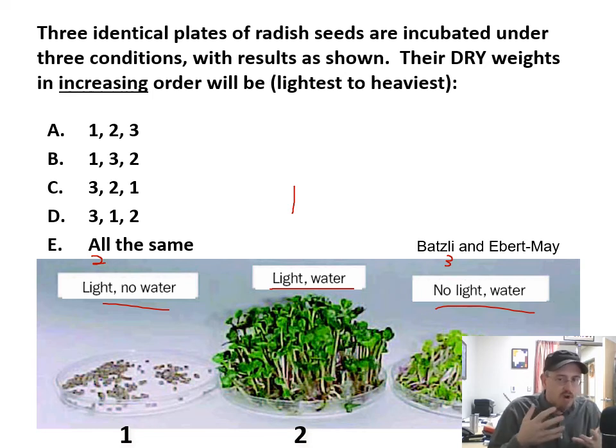So they start to grow, like in number 3, they started to grow. They started to eat that stored food, but they were never able to photosynthesize. So they released a lot of CO2 into the atmosphere. They lost a bunch of mass because of that CO2 being lost as they respired eating that food, but they were never able to make more carbon thanks to photosynthesis. Therefore, number 3, those plants right there, weigh less than the seeds from which they grew.